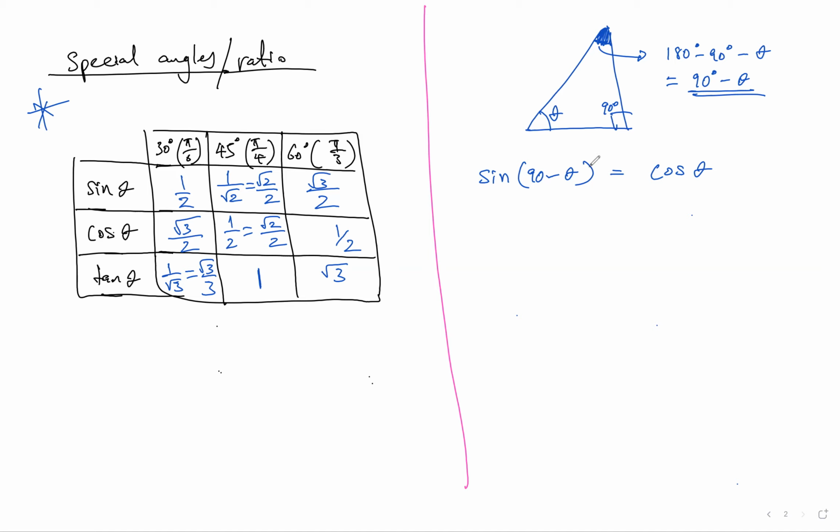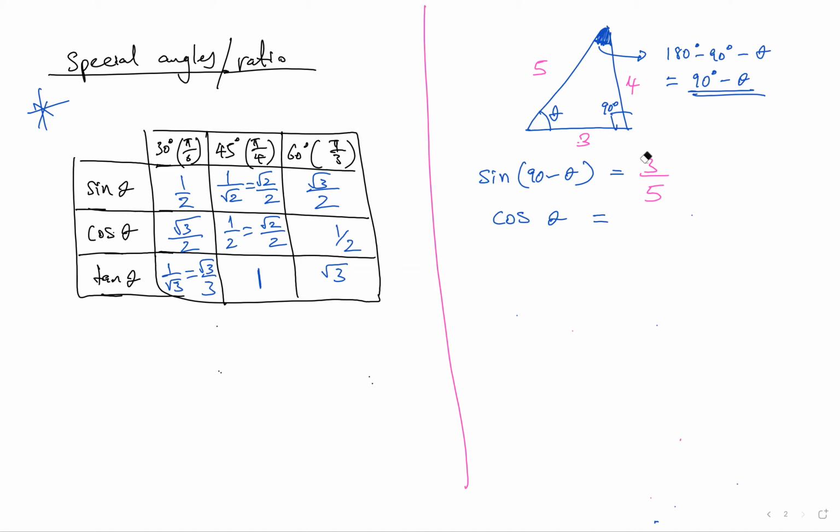Okay, maybe I can give a number if you want. So let's take this as 3, 4, and this is 5. So sine 90 minus theta is what, guys? So it's O over H. Now, can you tell me what will be the answer for cosine theta? Sorry, 90 minus theta.